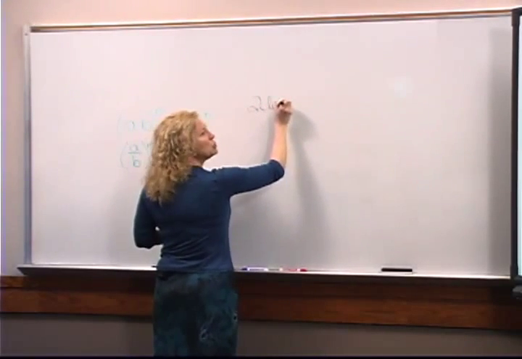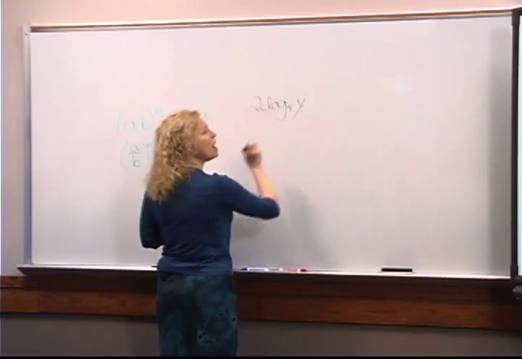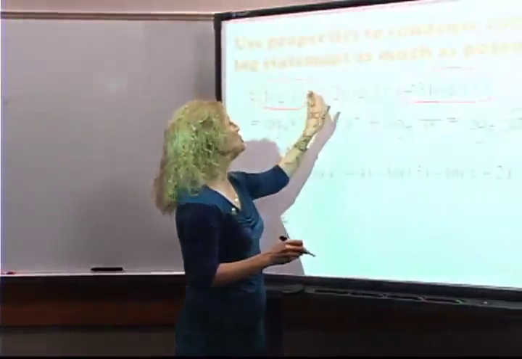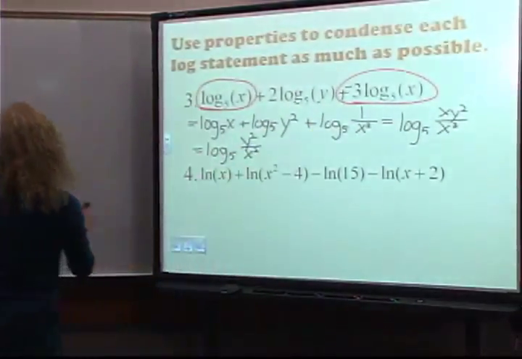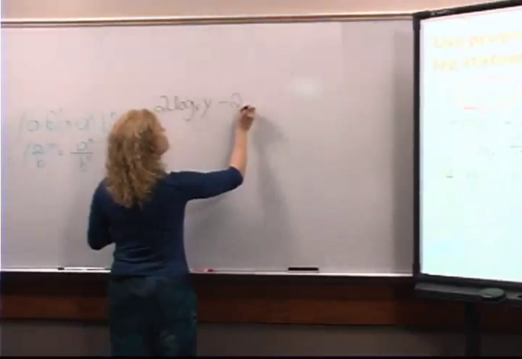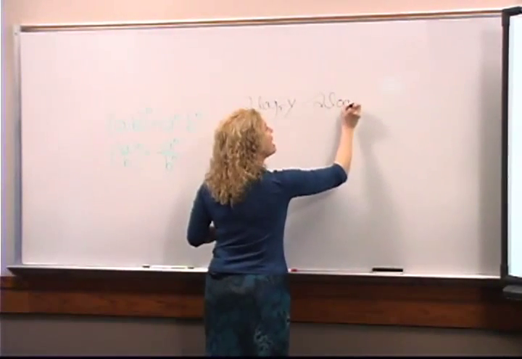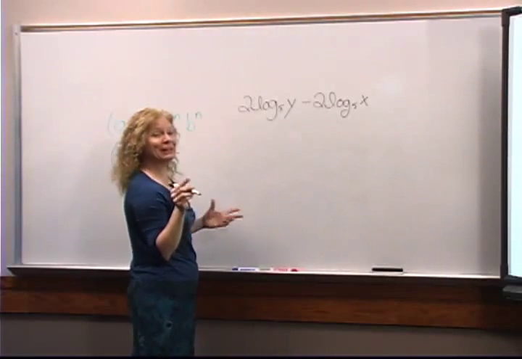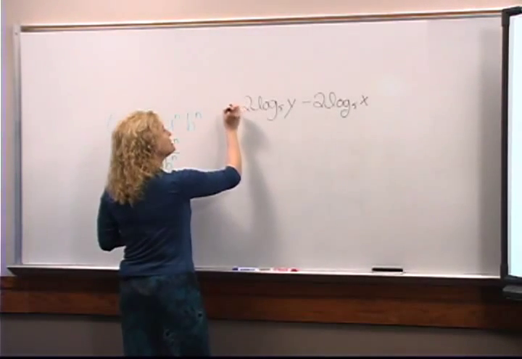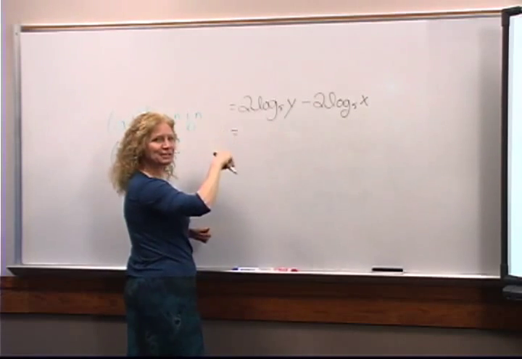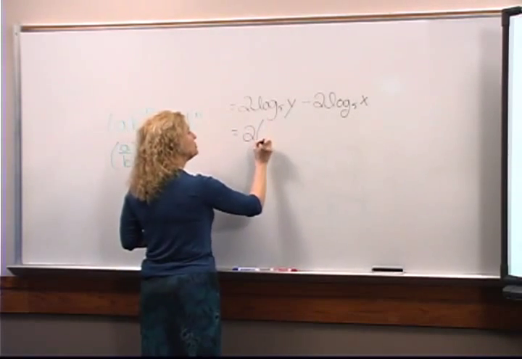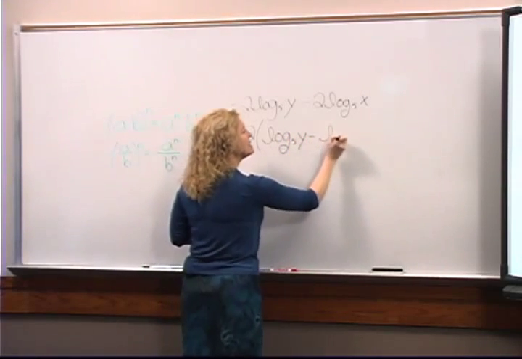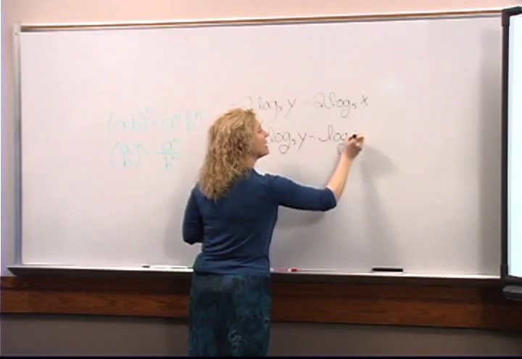I have my 2 log base 5 of y, and then if I combine these two together, I would have minus 2 log base 5 of x. And then, if you want to be really snazzy about all this, you could say, hey, factor that 2 out. And I have 2 times log base 5 of y minus log base 5 of x.